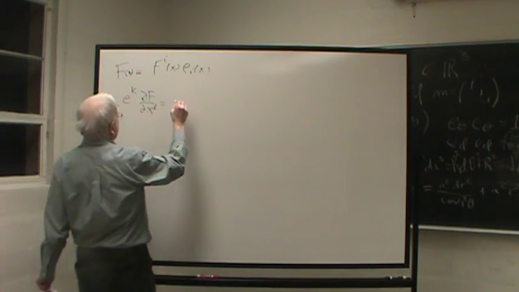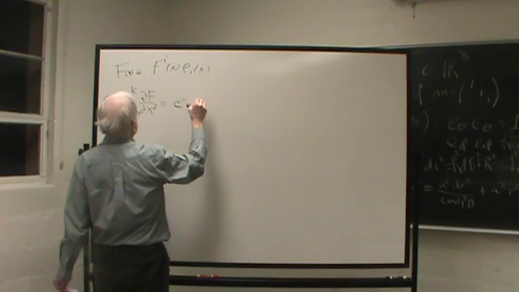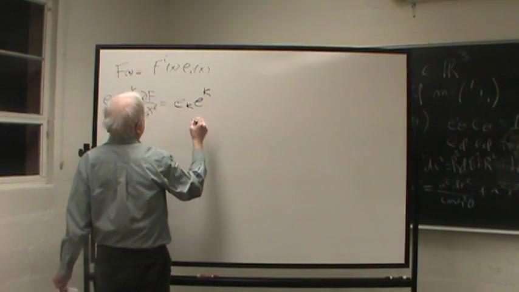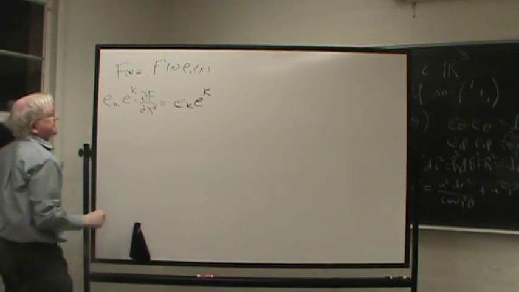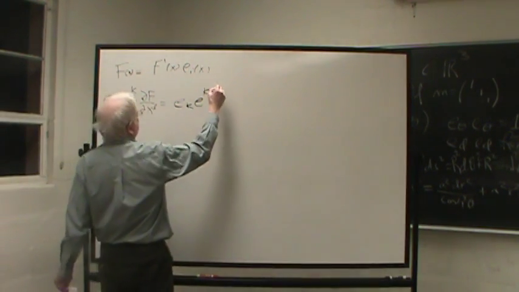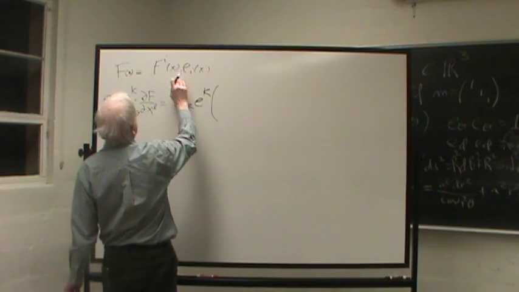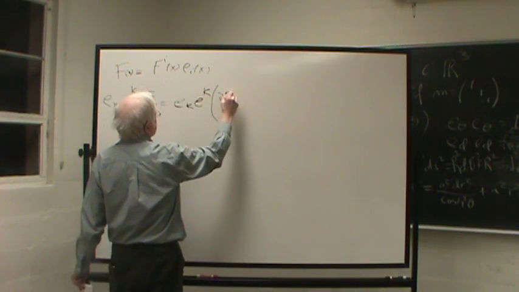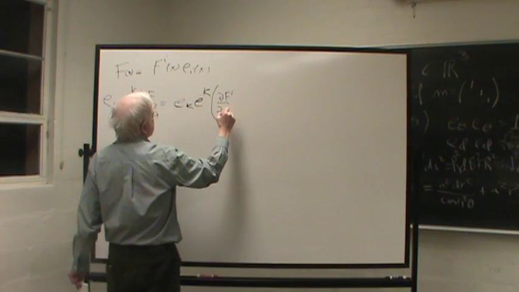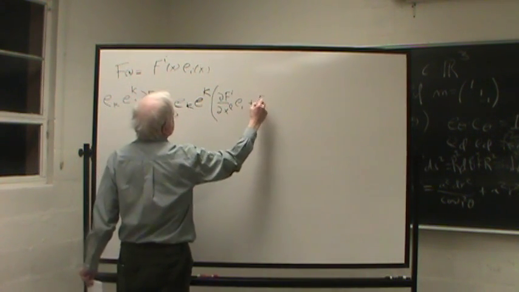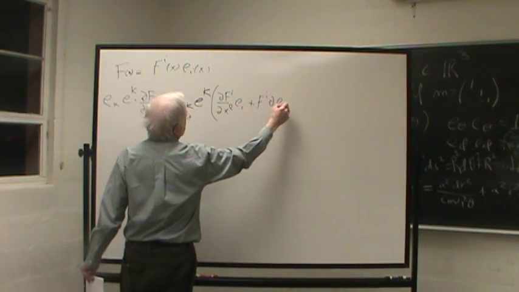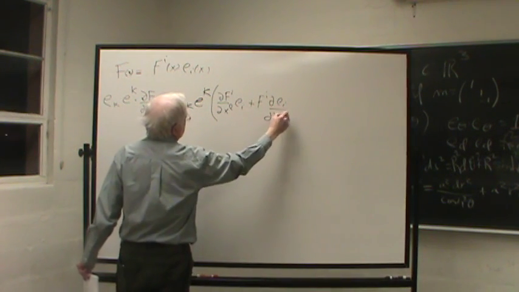Well, what we have here then is, and this ek is dotting into that. And so now we take the derivative of f, and this is partial fi partial xl times ei plus fi partial ei partial xl.